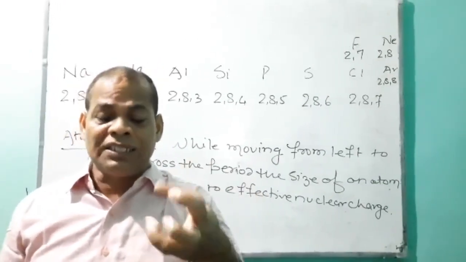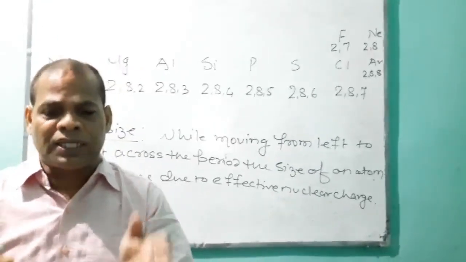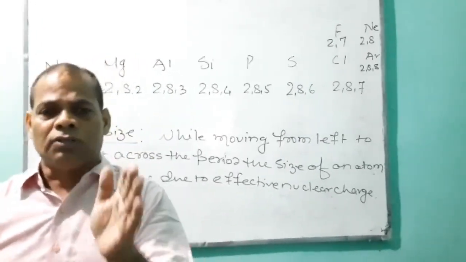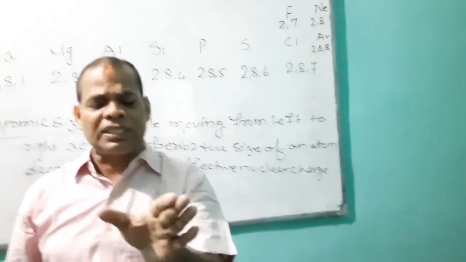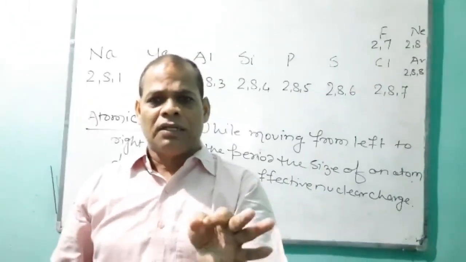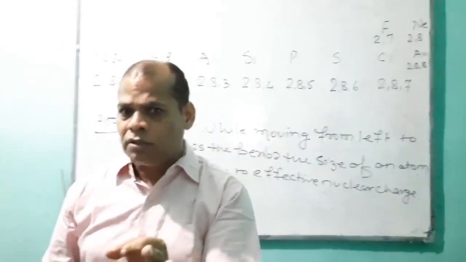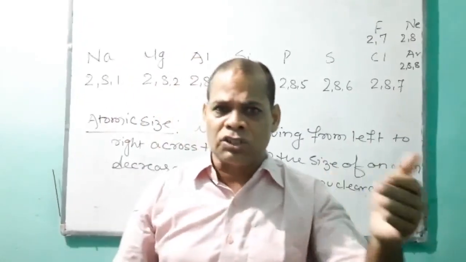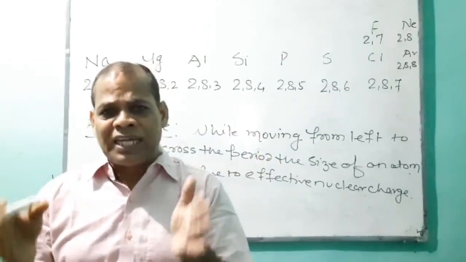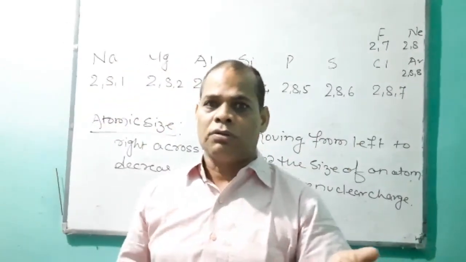Please, this is very fundamental information for you, not only for class 10 but for higher classes. So please keep it in mind. As I said, atomic size is a very important factor. Metal has a tendency to lose electrons and non-metal has a tendency to gain electrons. If the size of the metal is larger, it is easier to lose electrons.